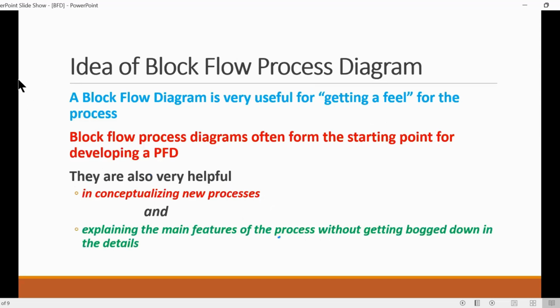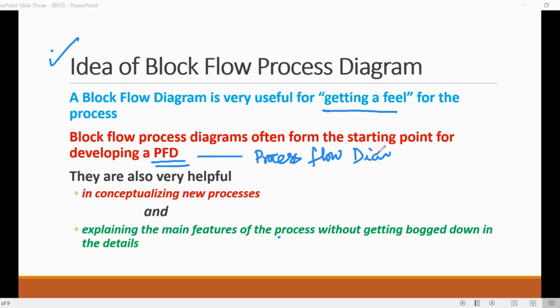What is the idea behind the block flow process diagram? A block flow diagram is very useful for getting a feel for the process. Block flow process diagrams often form the starting point to develop the PFD. PFD is known as what? Process flow diagram.